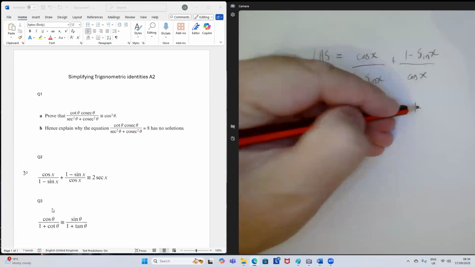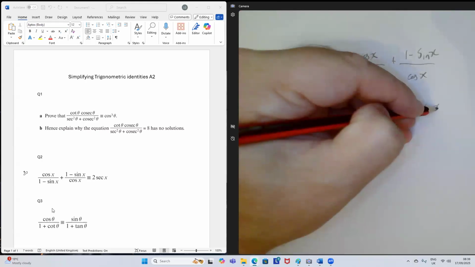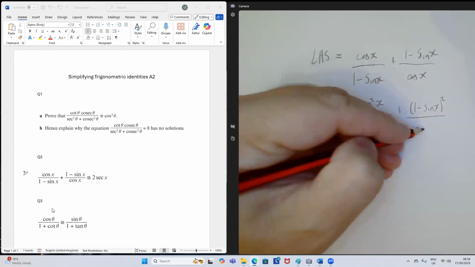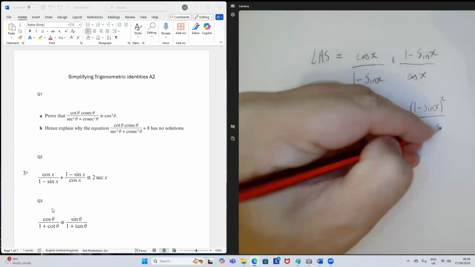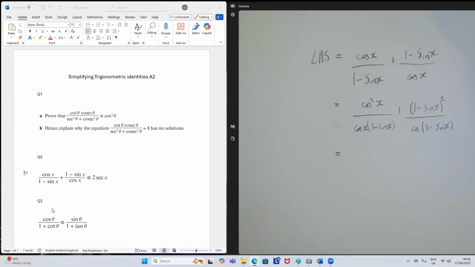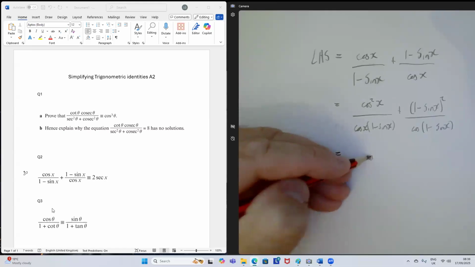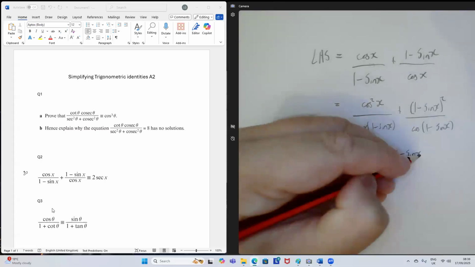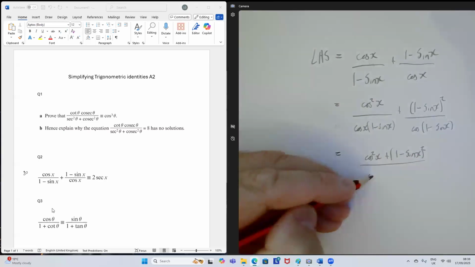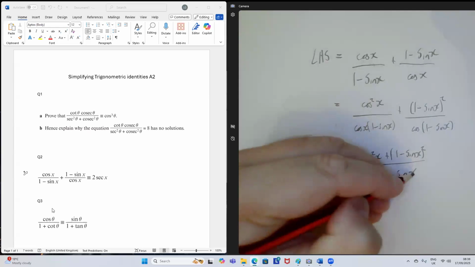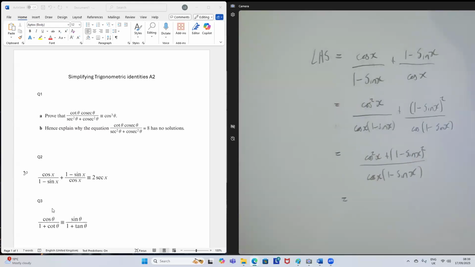So I'm going to have 1 minus sine x all squared over cos x times 1 minus sine x. Okay, so basically what we've done there is we've just got a common denominator. So let's combine these now. So we've now got cos² x plus 1 minus sine x all squared, all over cos x times 1 minus sine x.